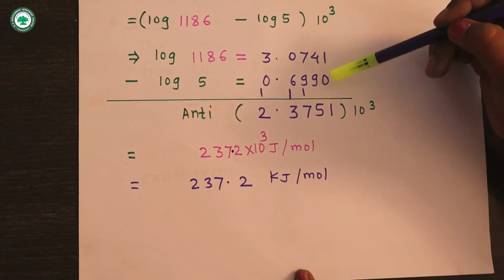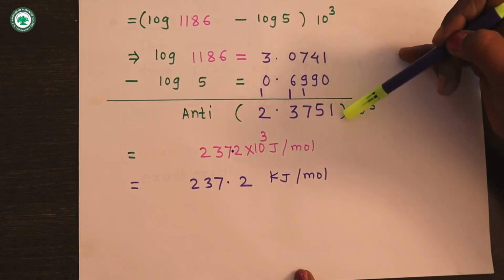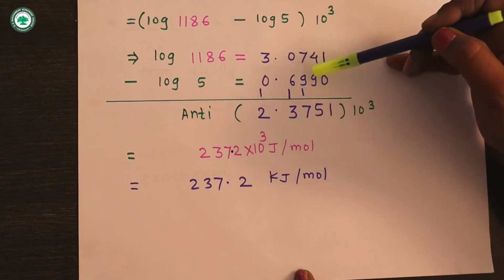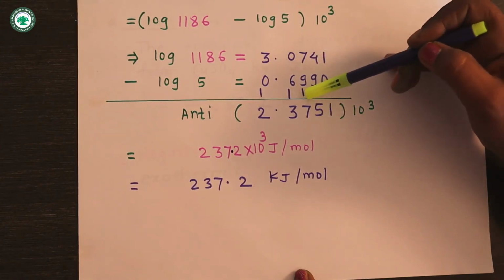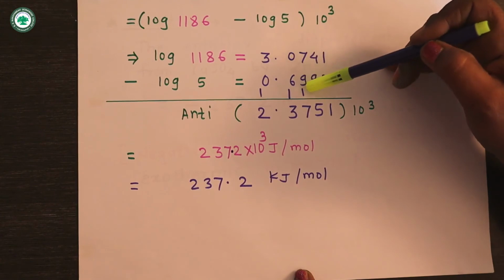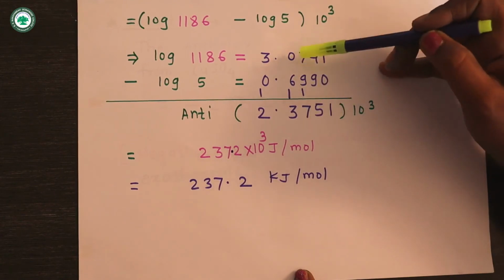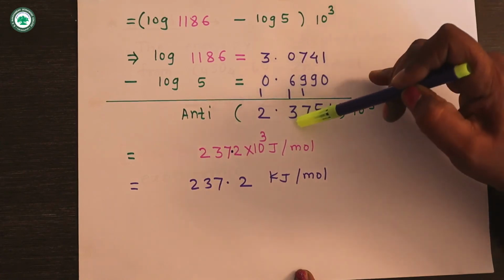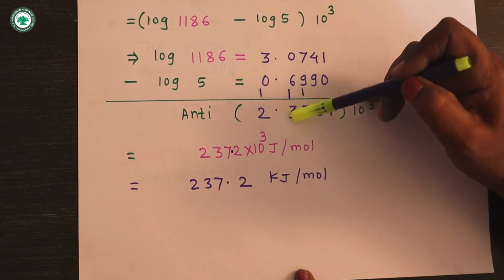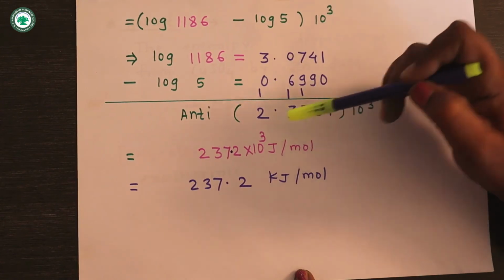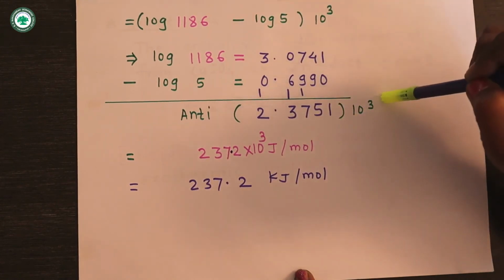Now subtract these both logs. 1 minus 0 gives 1. Here 4 minus 9 is not possible, so 14 minus 9 gives 5, 1 carry taken. 7 minus 10 is not possible, so 17 minus 10 gives 7, 1 carry is taken. 10 minus 7 gives 3, here also the carry is taken. 3 minus 1 gives 2, into 10 raised to 3 as it is.